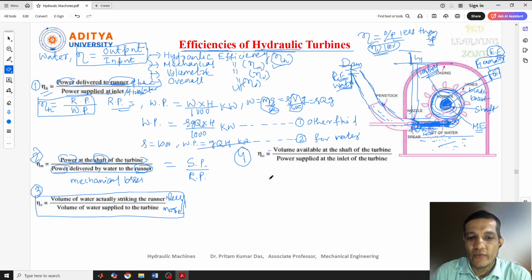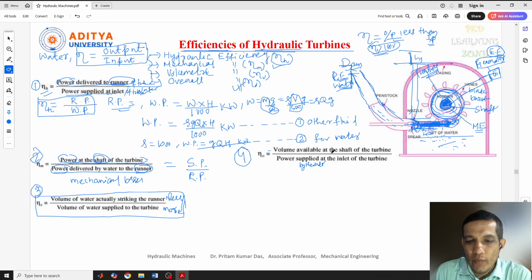Overall efficiency is the ratio of the power available at the shaft of the turbine to the power supplied by the water. The power is obviously supplied by the water at the inlet of the turbine.